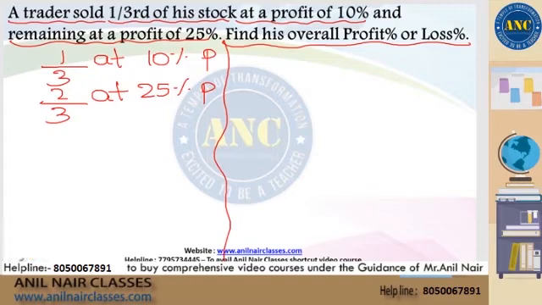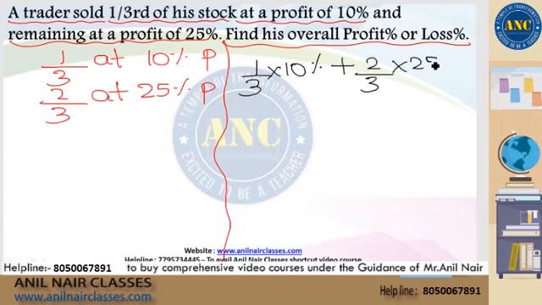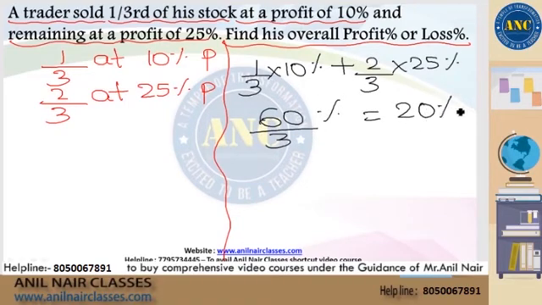They are not asking you the cost price, so I don't need the numerator part in this case. Overall profit is 1/3 into 10%, which is 10/3, plus 2/3 into 25%, which is 50/3. 10/3 plus 50/3 is 60/3, which is 20%.